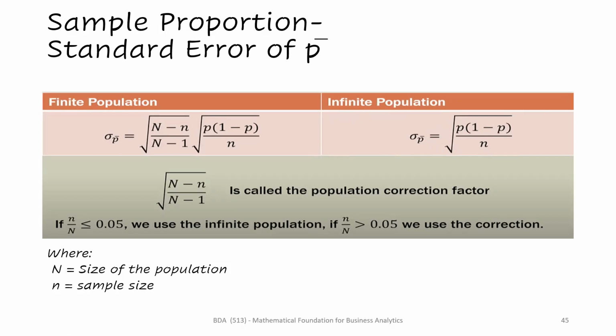Another way to look at it is when you know your population number and your sample, and the ratio is less than or equal to 0.5, use the finite population calculation. Where it is more than 5, we use the correction factor.